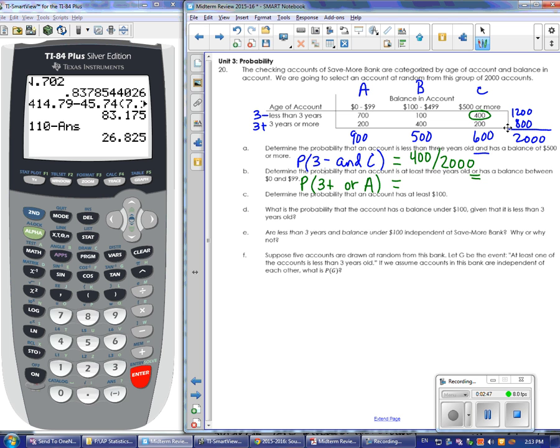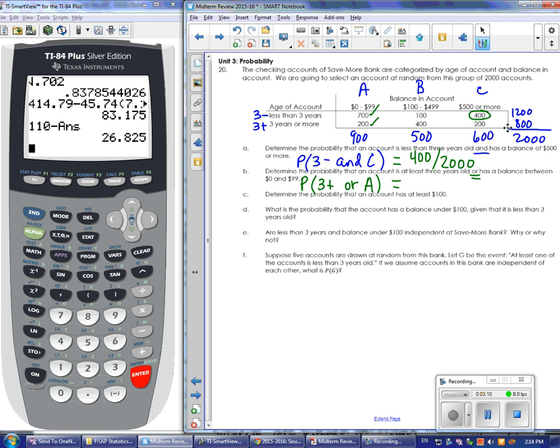Or you could sort of just check off which accounts fall into these categories. So it's got to be at least 3 years old and have less than $100. So if I just kind of go down each column, that would include this 700 because there's less than $100 there. It's got between 0 and 99. This is going to be included also because it's less than $100.